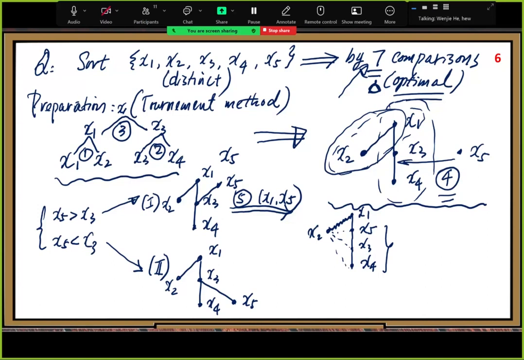Another binary search, right? Because you compare x2 and x3. Compare the one in the middle. Yes. It's higher or lower, 1 more comparison.